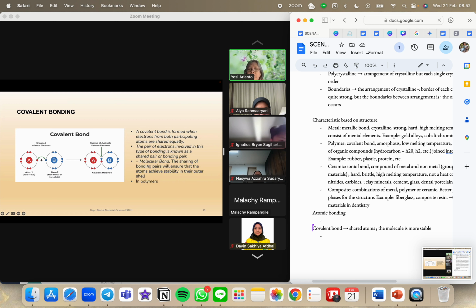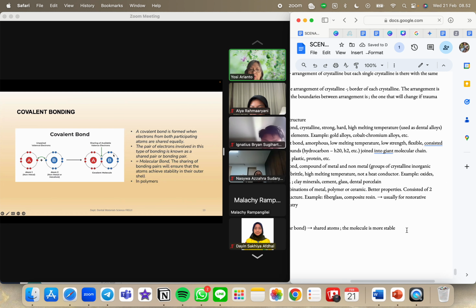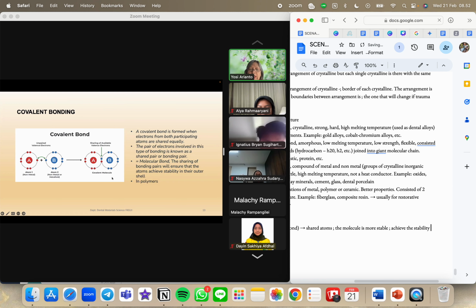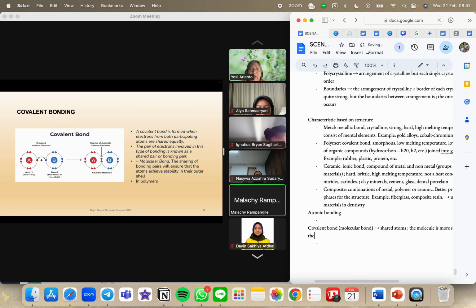And it is also called the molecular bond. The sharing of the bonding pairs will ensure that the atoms achieve stability in their outer shell. So here you can see they share the electrons to become more stable, and it is usually in the polymer materials. Yeah, the covalent bond.